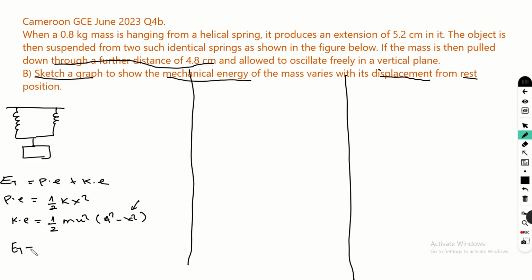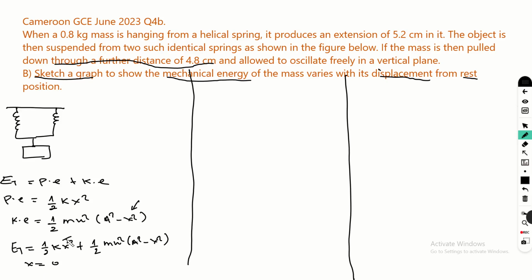If you combine these two equations, you add the potential energy and put it into the formula above, you have ET equals half kx squared plus half m omega squared into a squared minus x squared. Now, we are plotting ET against x, so we have to look for some key points to help us sketch. At x equal to 0, what happens to this formula?